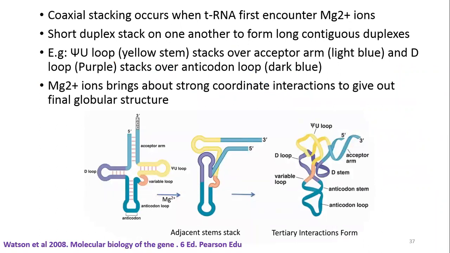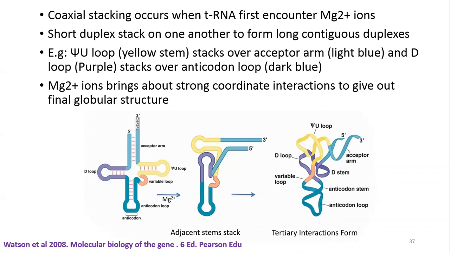People have also proposed a mechanism by which tRNA can fold. It is said that initially coaxial stacking occurs when tRNA first encounters Mg dipositive ion.